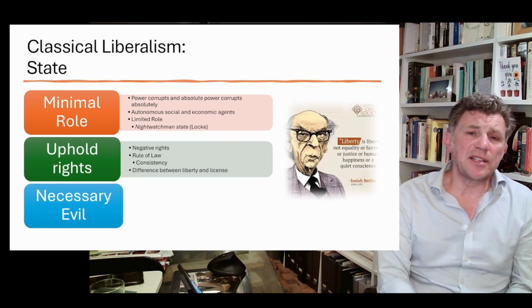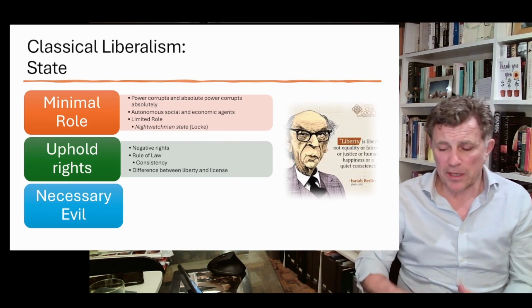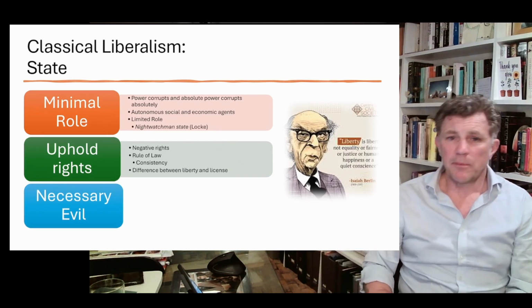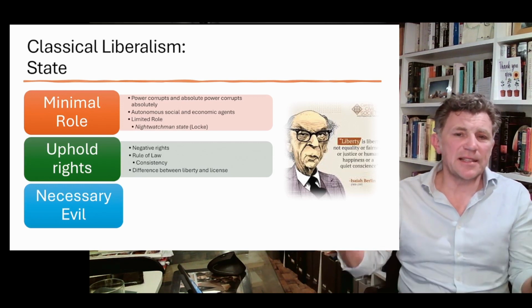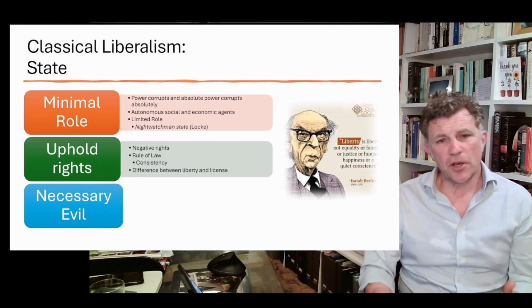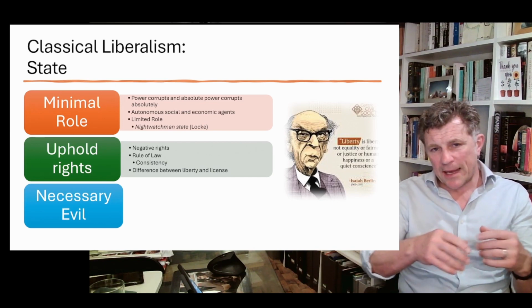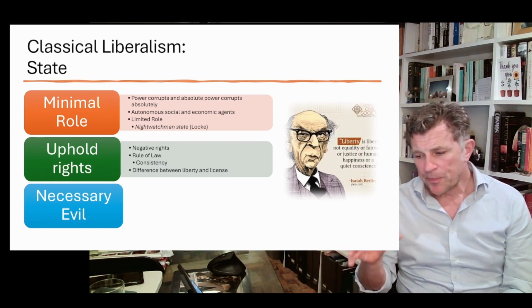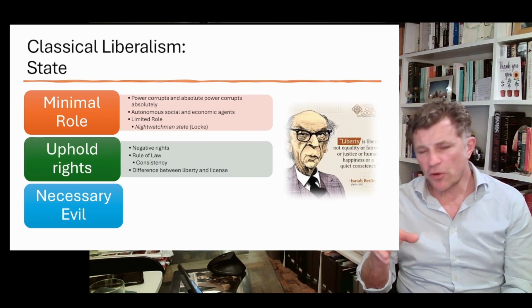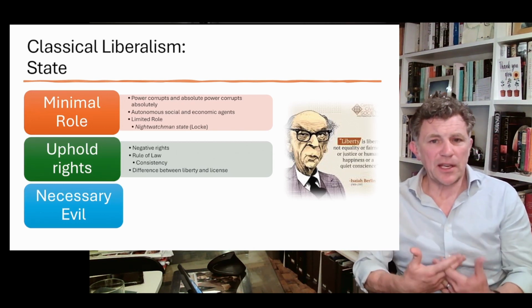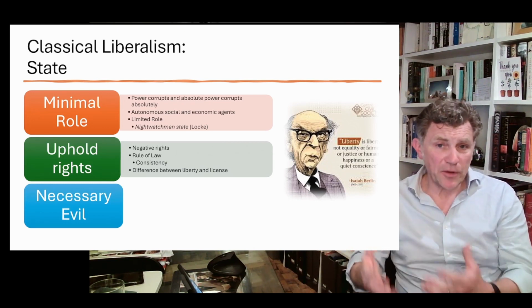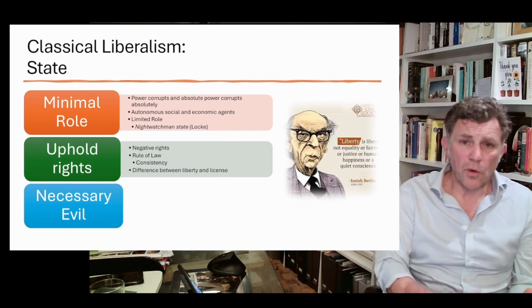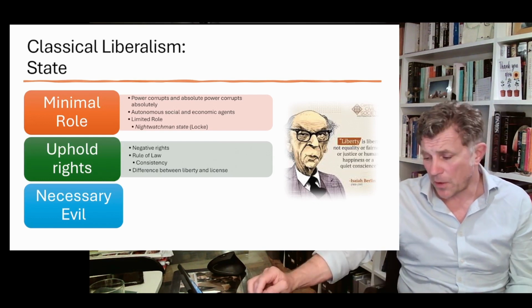And we recognize a difference between liberty and license, between order and chaos, between the state and anarchy, if you like. So there's freedom and then there's madness off the back of that. So the state's job is to make sure that we hold these social structures in place so that within those limits we can do whatever it is that we want to do.